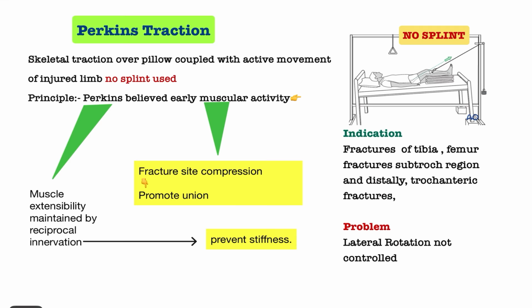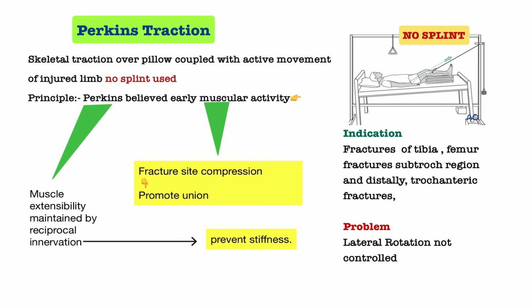In Perkins traction, skeletal traction is applied and the limb is kept over a pillow, which is coupled with active movement of the injured limb. Perkins believed that early muscular activity not only maintained muscle extensibility but also caused fracture site compression, therefore preventing stiffness and promoting union.